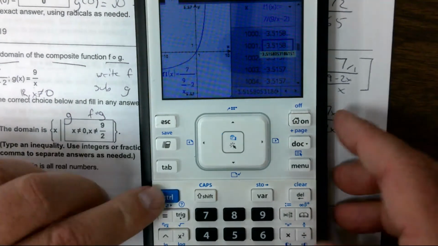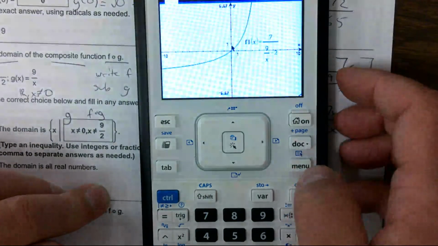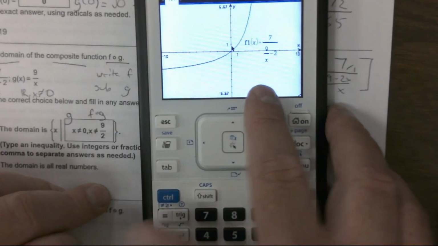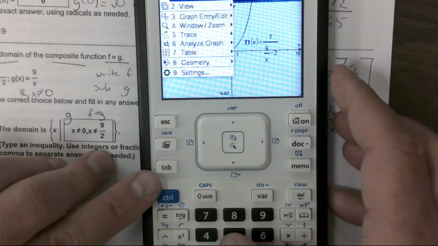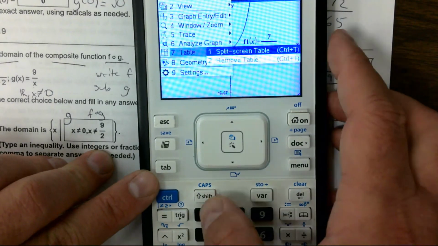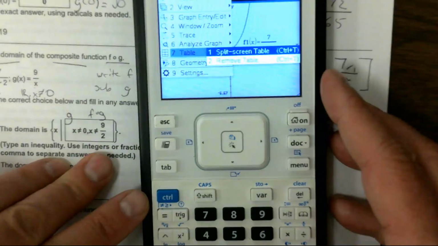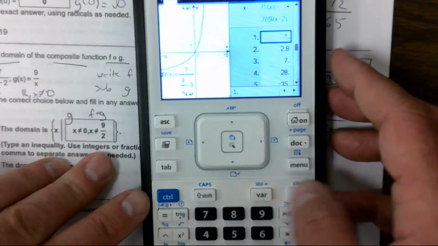And let's find out. Okay, so if we put 9/2, which is 4.5 in here, go to table, settings.